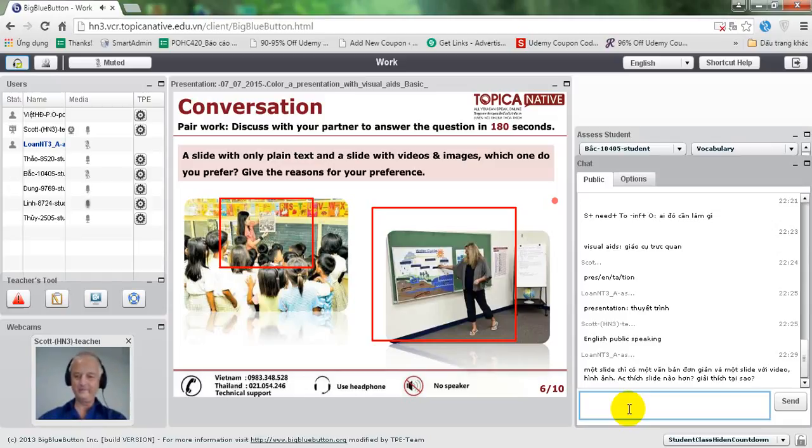What do you think about the slide with the video and image? Yeah, I think a slide with videos and images attracts the audience. Why? It's lively, and it can show more information.